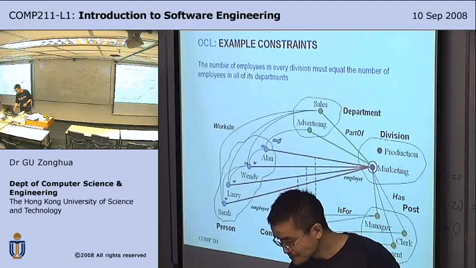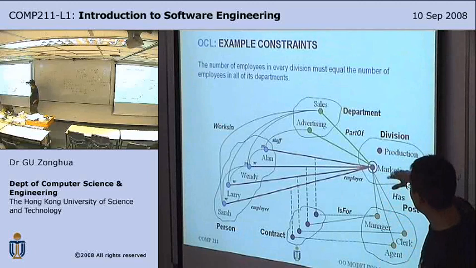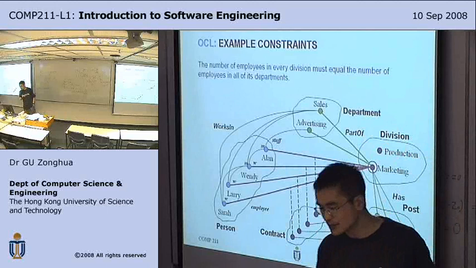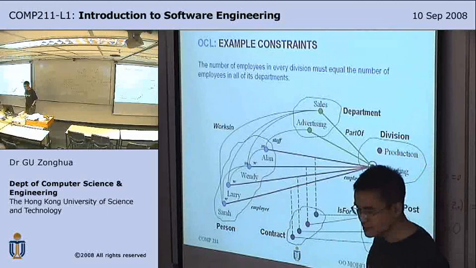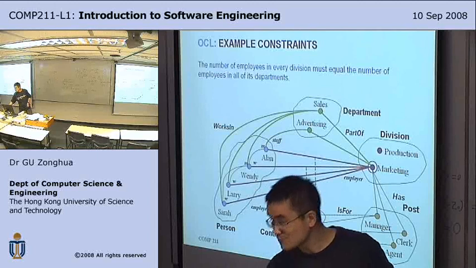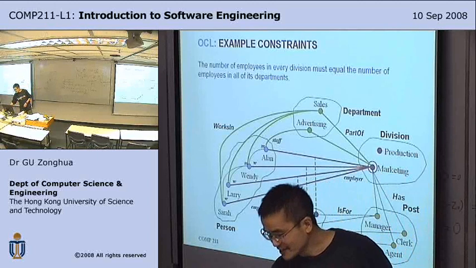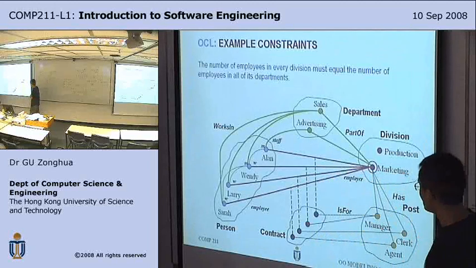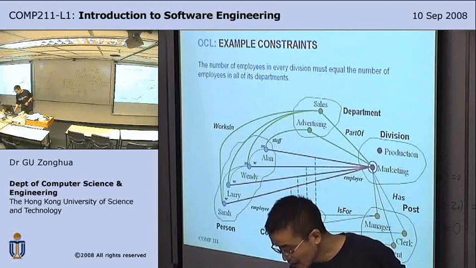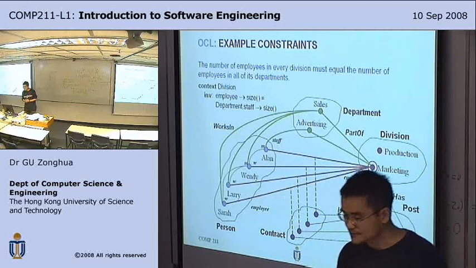The next part of the constraint says it must be equal to the number of employees in all of its departments. So you navigate from division to department. Marketing has 2 departments, and then from department to all the people in the department by navigating the works for association. And then you check if they're the same size.